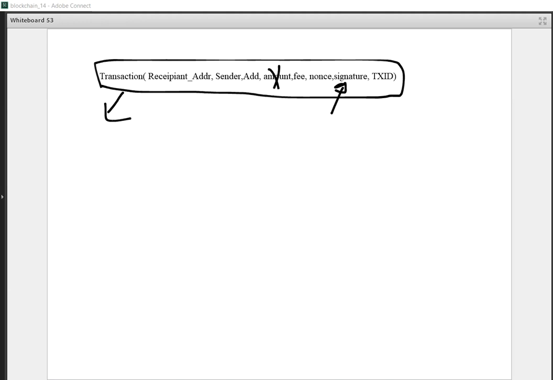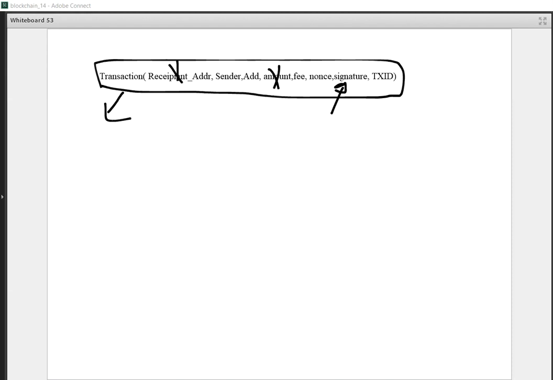If someone changed the amount, or the recipient address, by checking the signature, every change, every tampering will be shown.